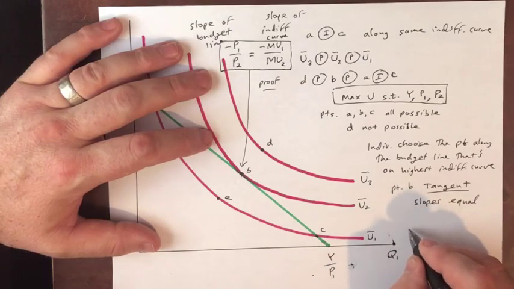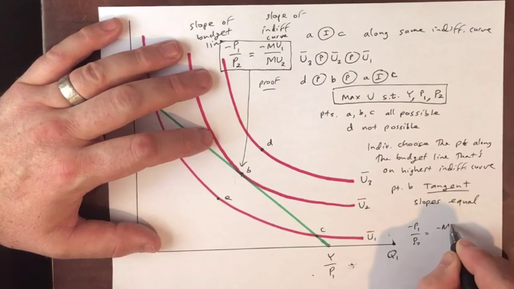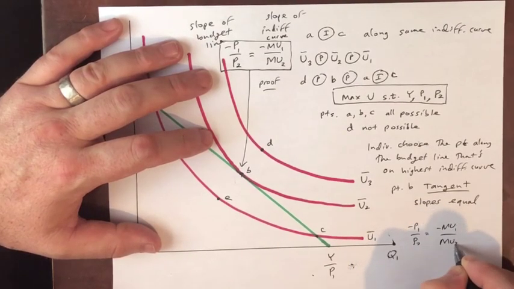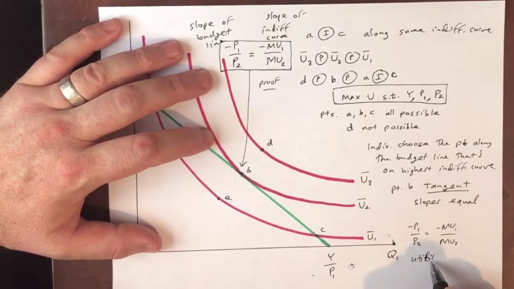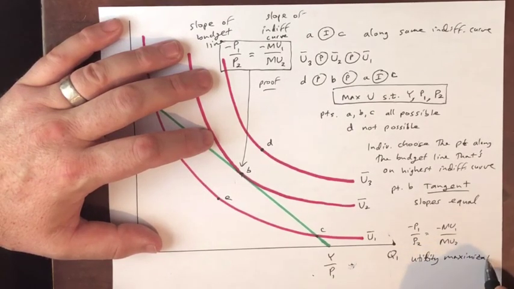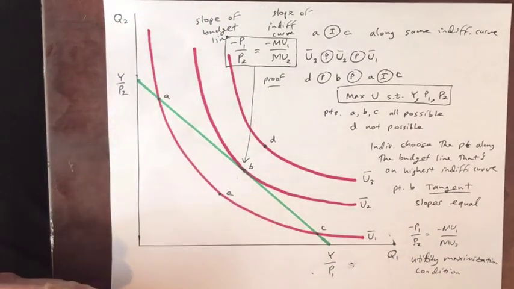But what we're saying is this: negative P1 over P2 equals MU1 over MU2. This is called the utility maximization condition. Okay, the utility maximizing condition, because it's the only place where this is true, right?